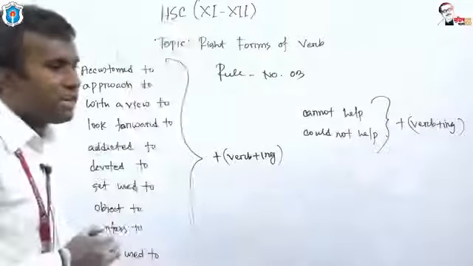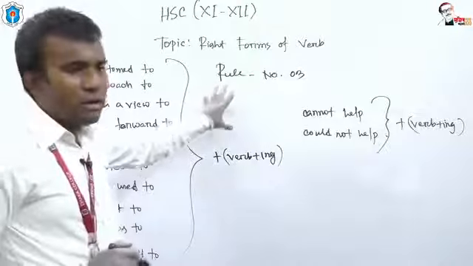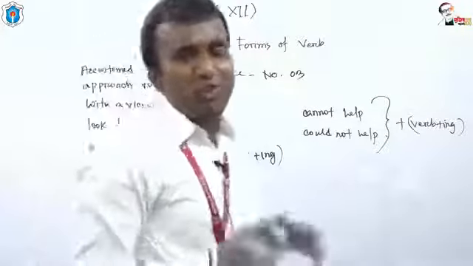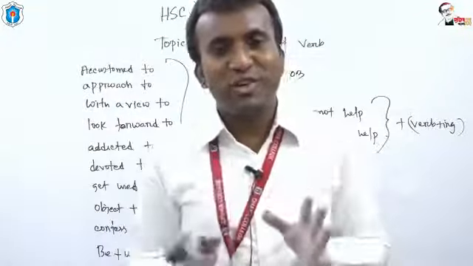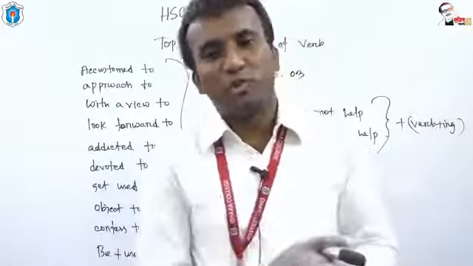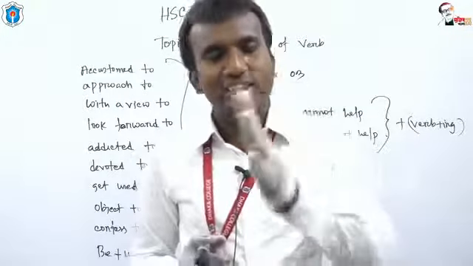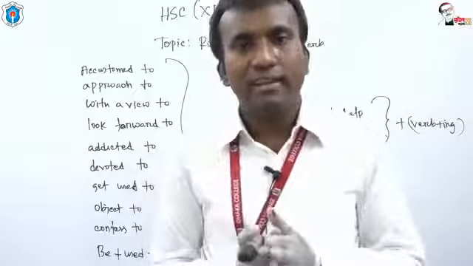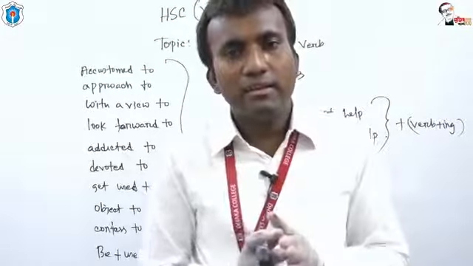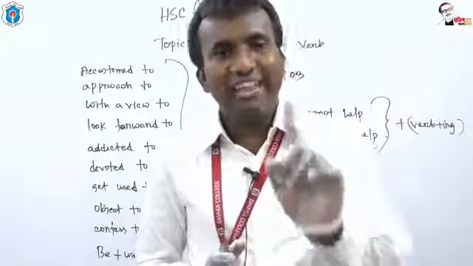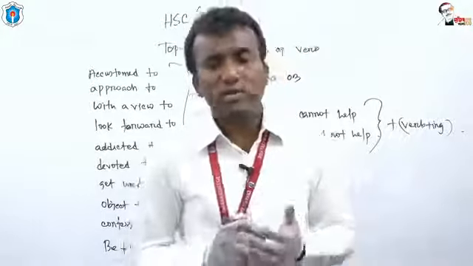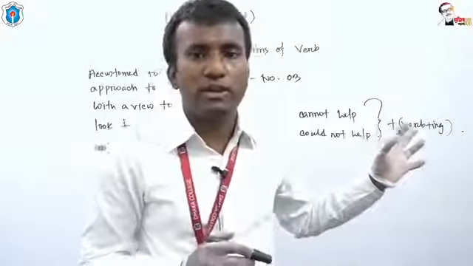Is it clear to you, my dear students? Up to rule number 3, I have taught you some 6 or 7 rules, but these 6 or 7 rules have been used in 3 rules. Okay, so my dear students, let us start with rule number 4.